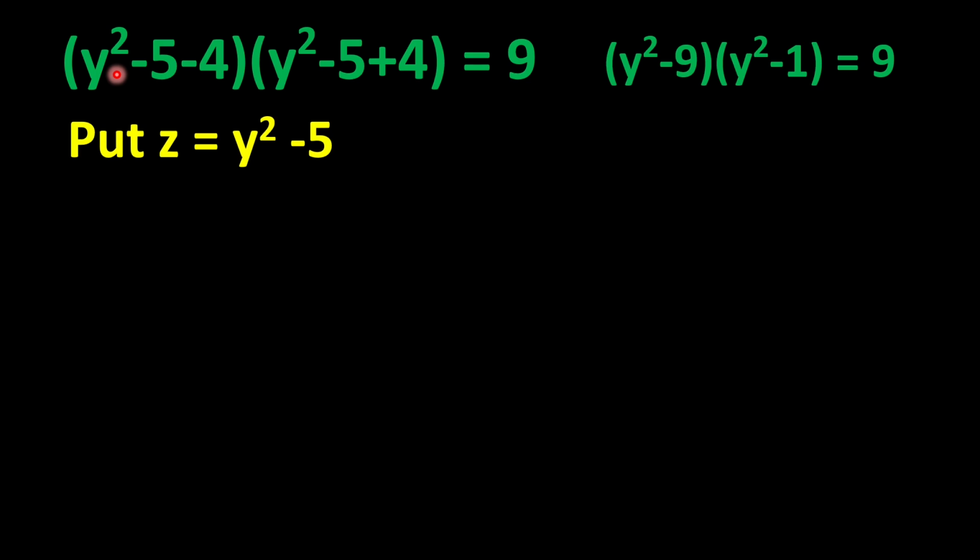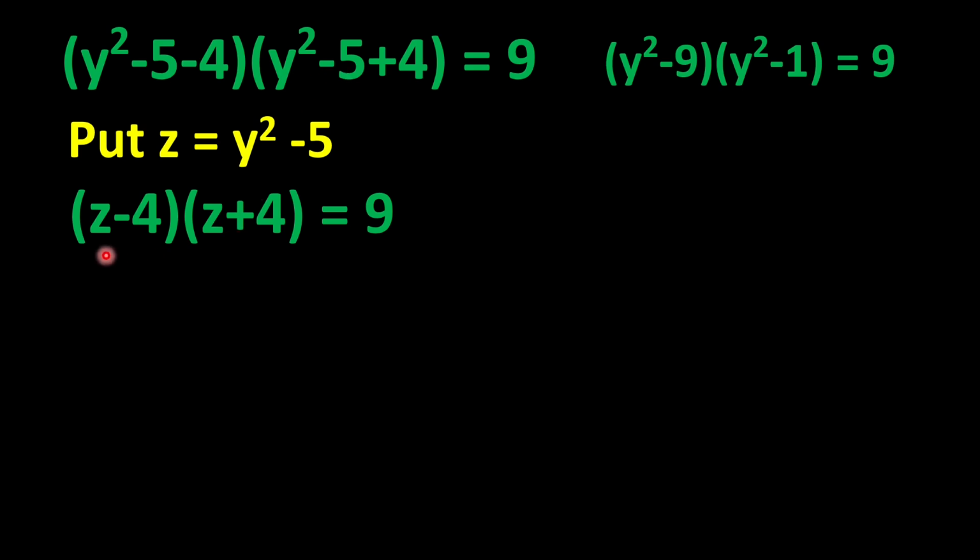So let's put z = y² - 5 in this equation. Then this equation will become (z-4)(z+4). Again, this is in the form of (a-b)(a+b), which is equal to a² - b².